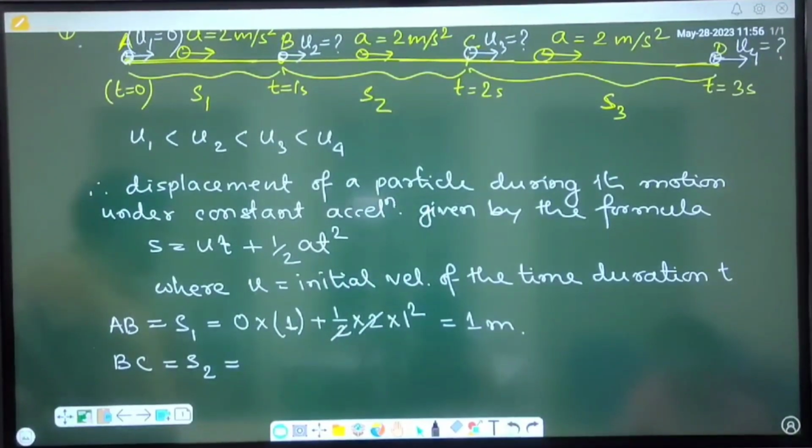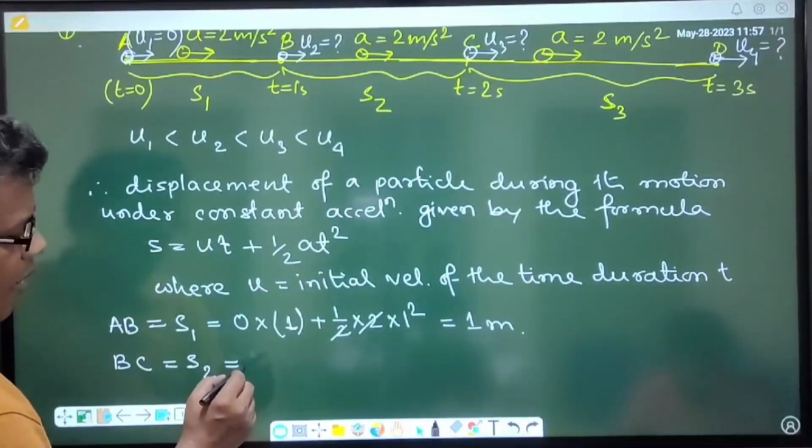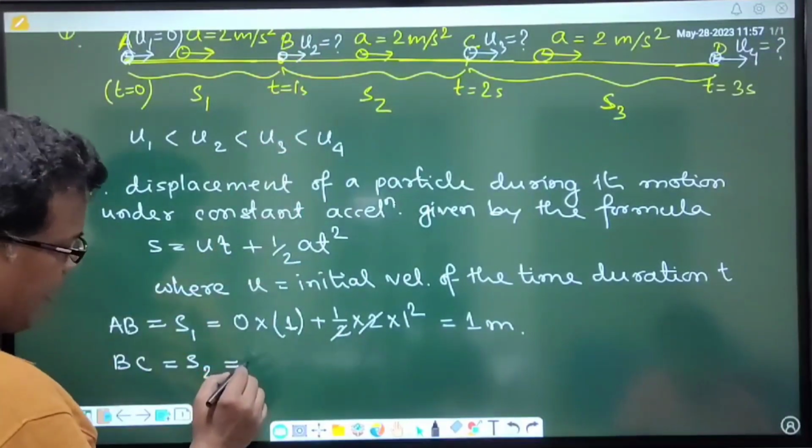What did I say? In any displacement, you must identify your initial position. When you are calculating S2, it is the displacement from B to C. So which one is your initial position? B. So the velocity at B should be used instead of u, because you are measuring the displacement from B to C. So B is the starting position of the second displacement. Yes or no?